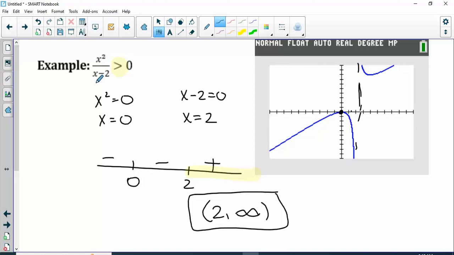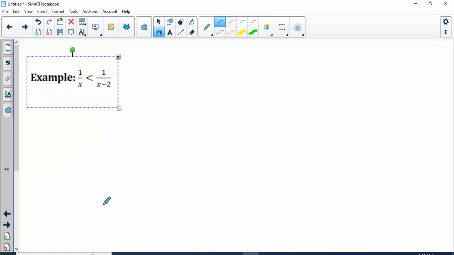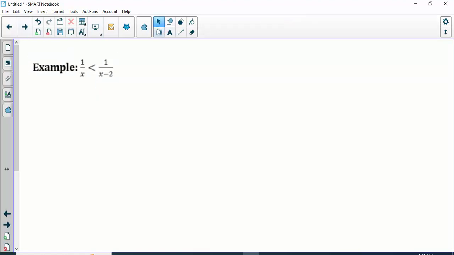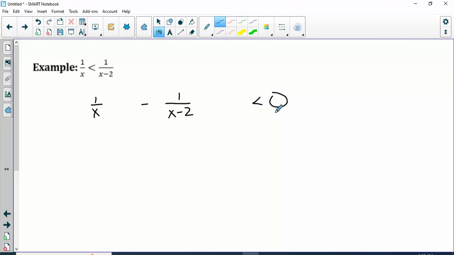Alright. One last problem. What do I do first? Just subtract it on the same side. Okay, we need them on the same side. So what do I need to multiply the first one by? x.